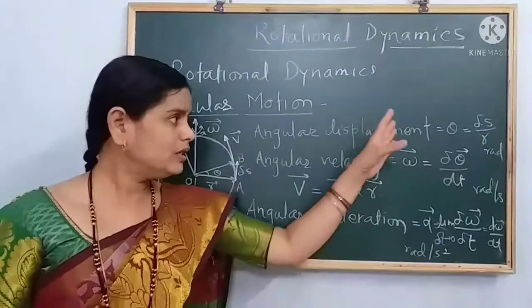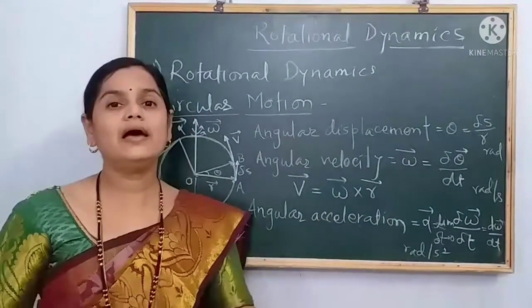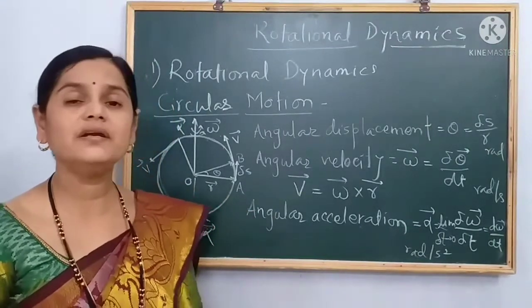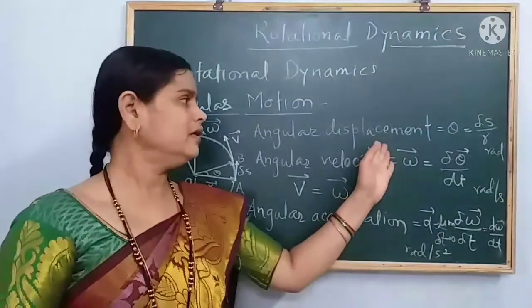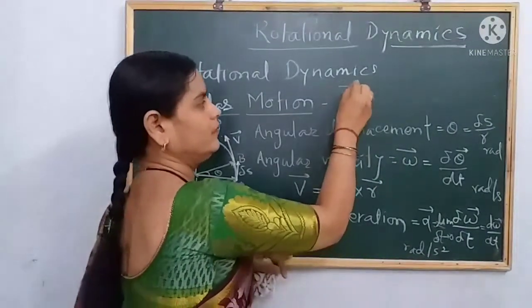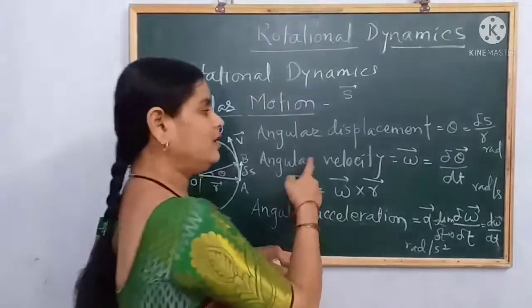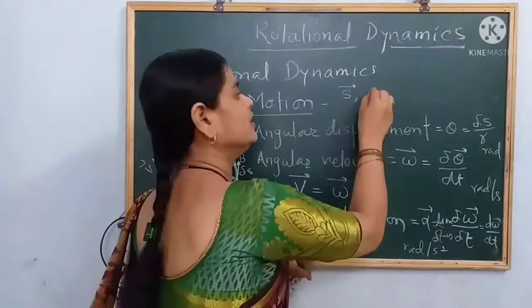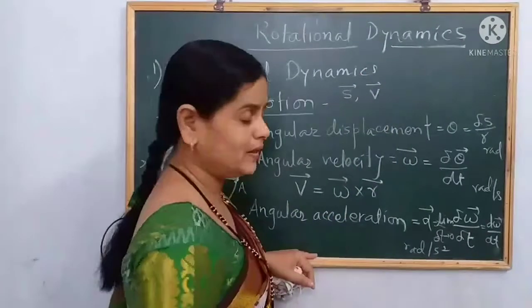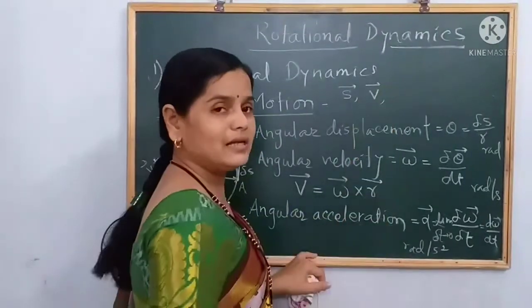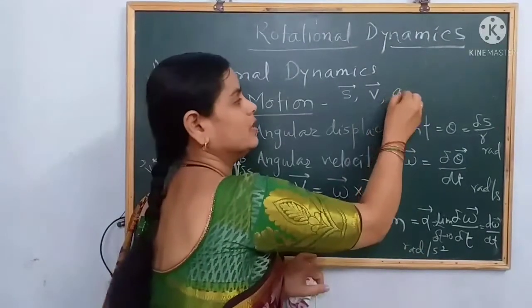Fine. So these terms are analogous to the translatory motion, those we have studied. That is linear displacement, we can denote it by S, angular displacement by theta. Similarly, in case of a translatory motion, its velocity is v, and angular acceleration corresponds to the linear acceleration a.